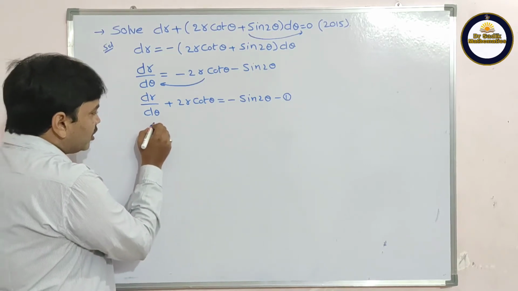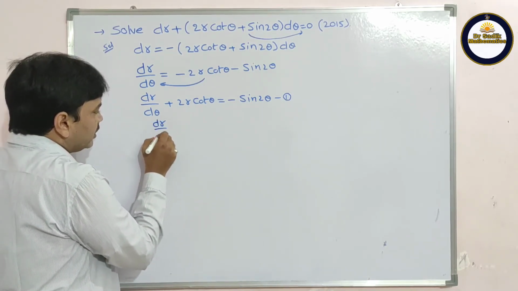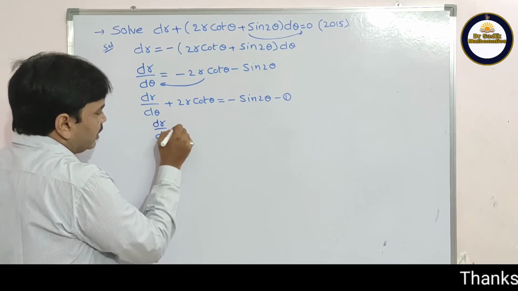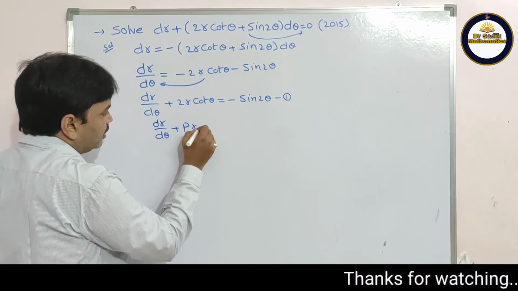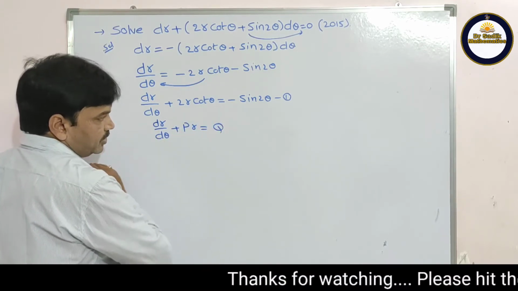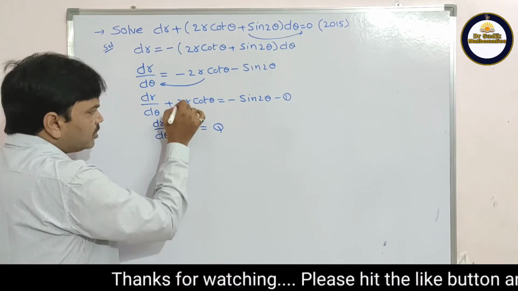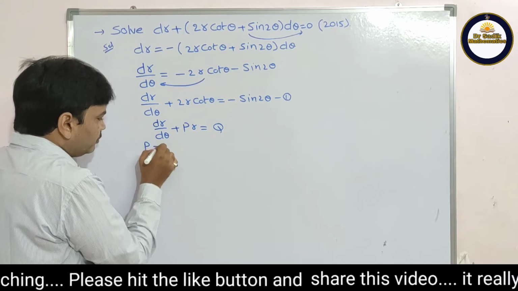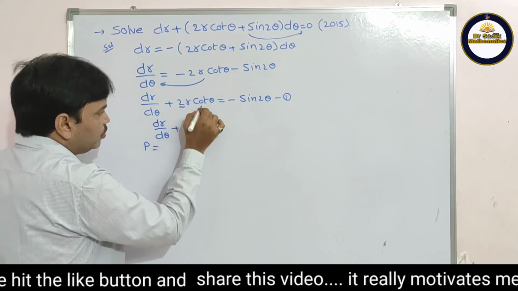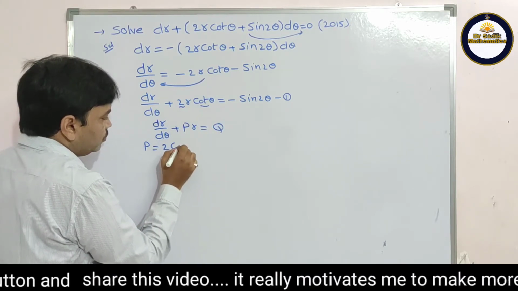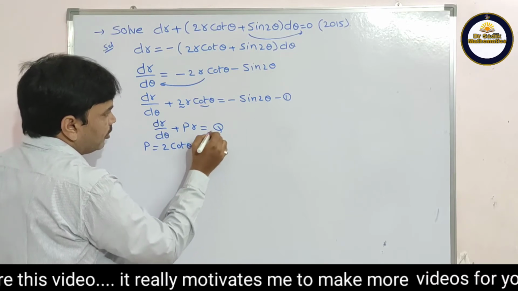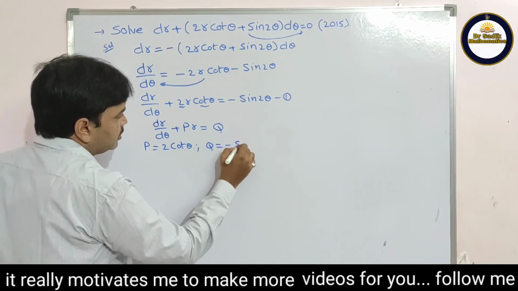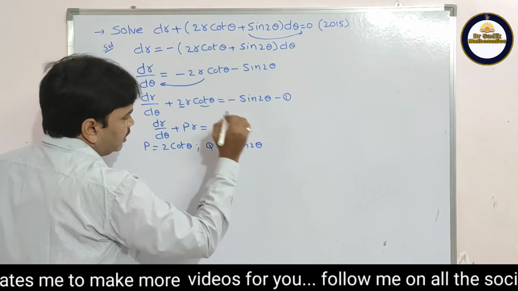The linear equation form is dr by d theta plus capital P r equal to capital Q, friends. Now compare these two equations. What is capital P now? Capital P is 2 cot theta. Capital Q, friends, is minus sin 2 theta.